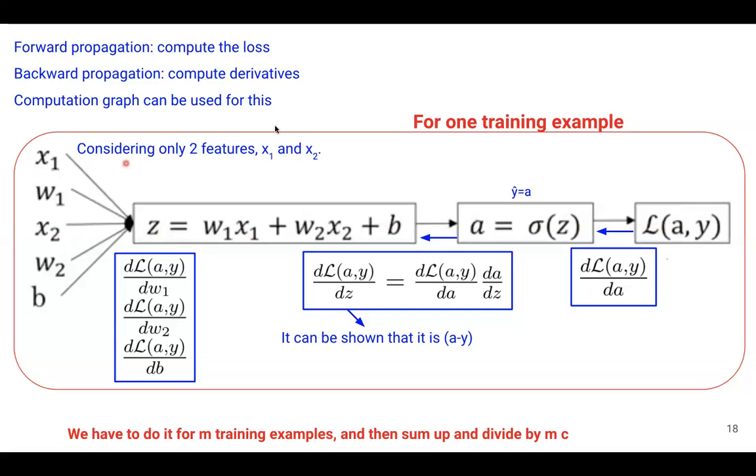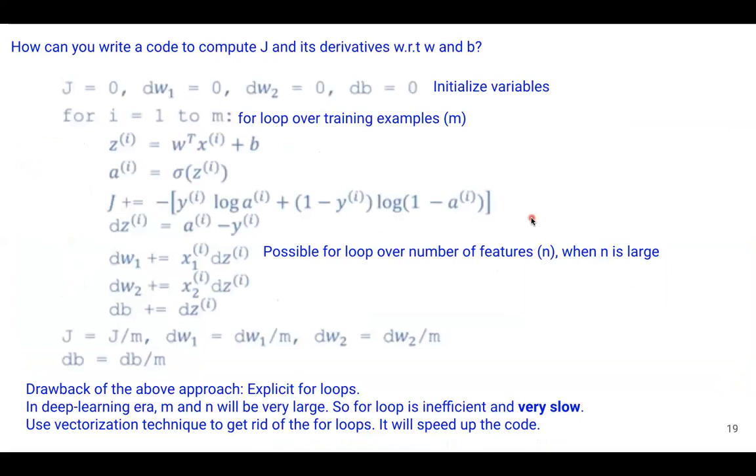So this is for one training example, but you have multiple training examples. In general, you have to either vectorize or write a loop. This is how it generally looks if you do it via a for loop, which is not recommended. These are the initializations of your cost, and dw just means del J del w1.